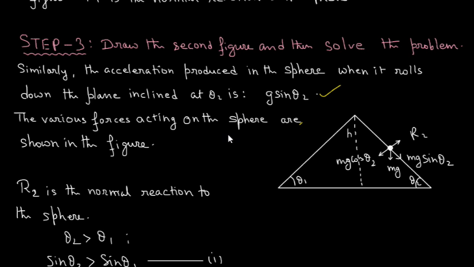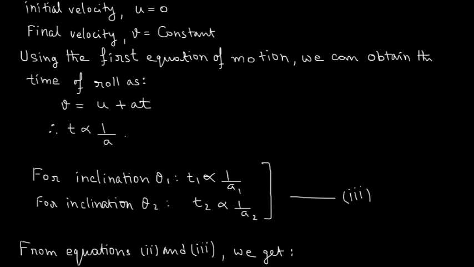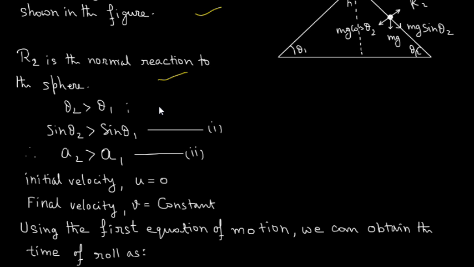The various forces acting are already given. The important thing is the components of mg. R2 is the normal reaction force for the sphere. Here theta 2 is greater than theta 1. Therefore sine theta 2 is greater than sine theta 1. Therefore a2 is greater than a1.